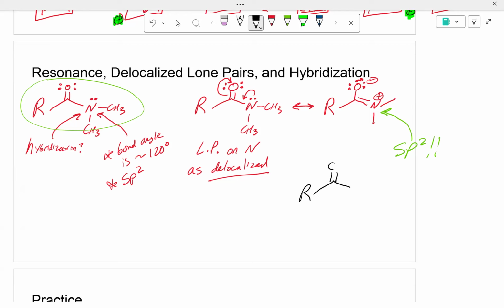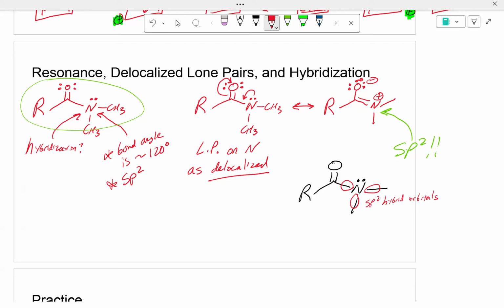So again, I'm going to draw the same compound here. Now, if we're saying that nitrogen is sp2 hybridized, that means it's got three hybrid orbitals around it. There's sp2, there's another sp2, and there's another sp2. So all the red ones are sp2 hybrid orbitals.